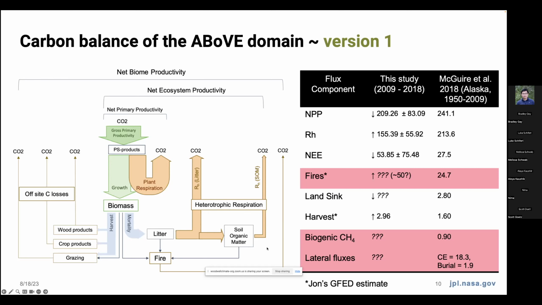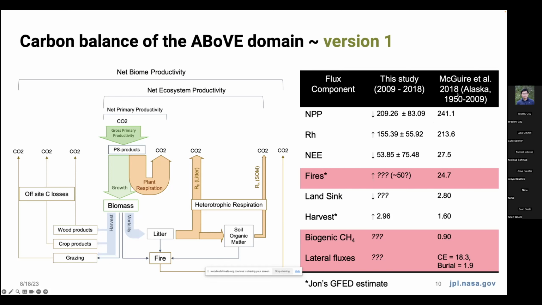What it is still missing is the lateral fluxes and some of the biogenic CH4. So this was the very first attempt at putting together the NPP, respiration, and NEE numbers we were getting from the data sets that I mentioned earlier.